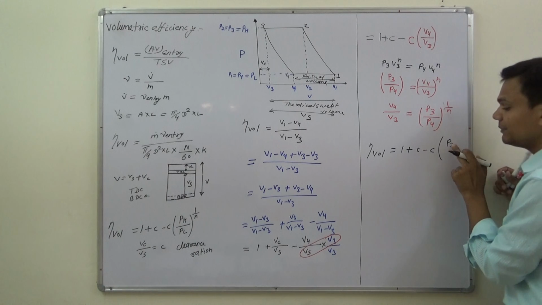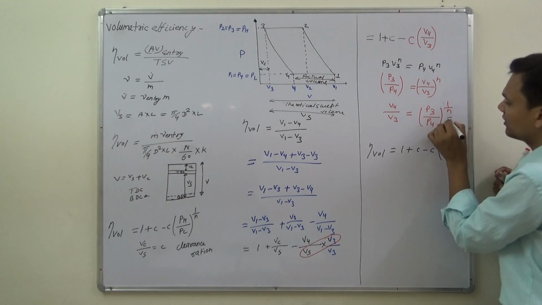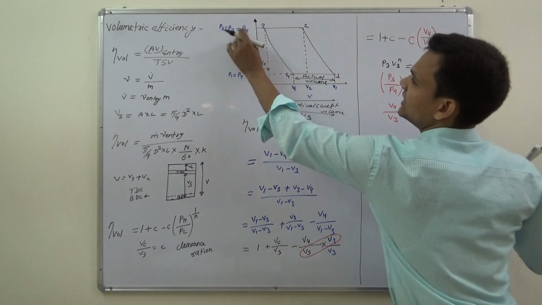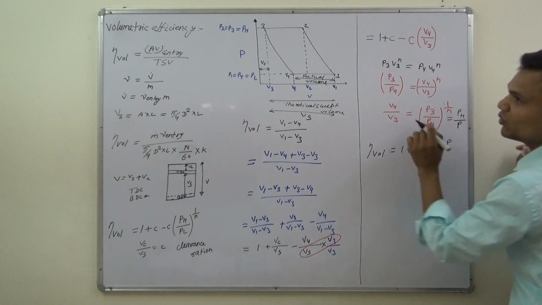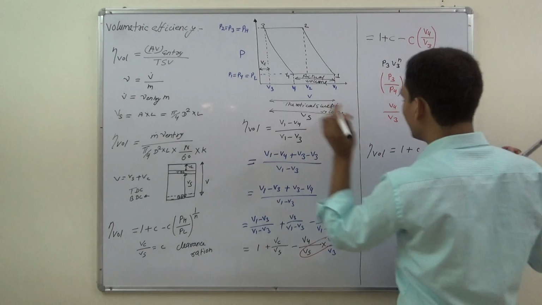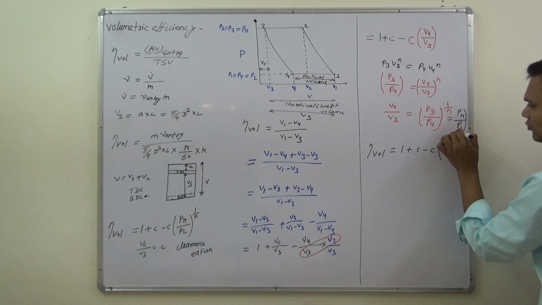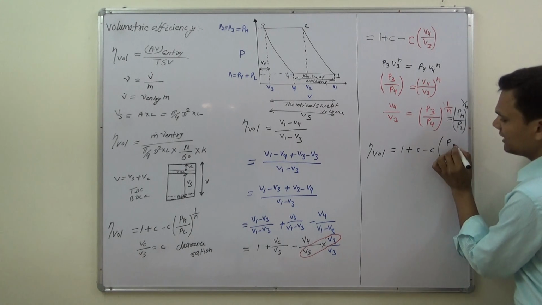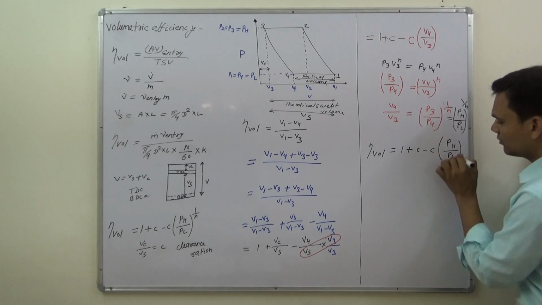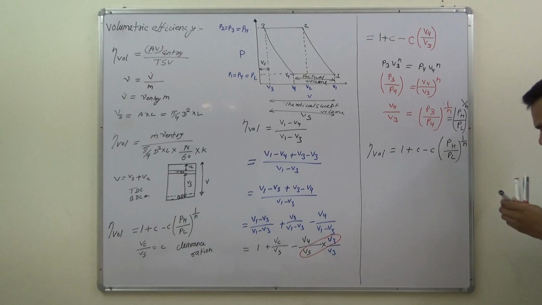In place of P3 I can write P higher, because P3 is equal to P higher, and in place of P4 I can write P lower. So I can write P higher by P lower to the power 1 by n.